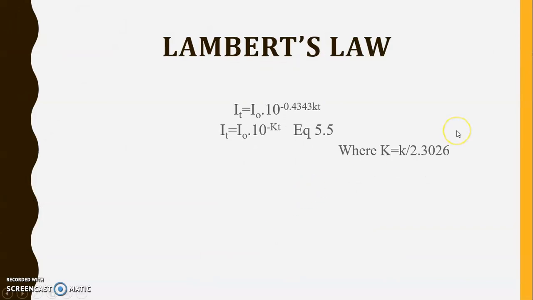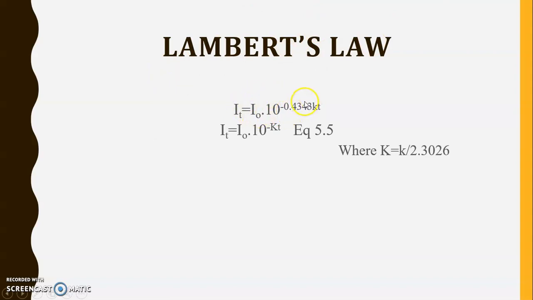Further, the equation that is to the base e, we are going to convert to base 10. So I0 e raised to minus kt, converted to the logarithmic equation to the base 10, becomes I0 into 10 raised to minus 0.4343 kt.